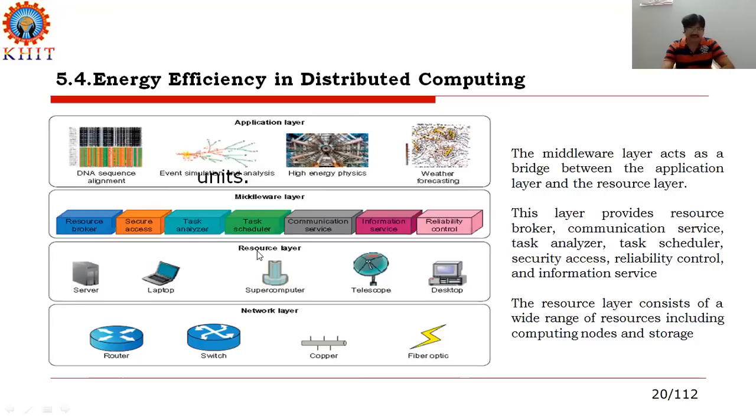Here, the layer provides a resource broker, community servers, task analyzers, task schedulers, security access, reliability control, and information services. All these are considered middleware layers. They perform their own tasks whenever data is transferred over a period of time from the resource layer to the application layer.